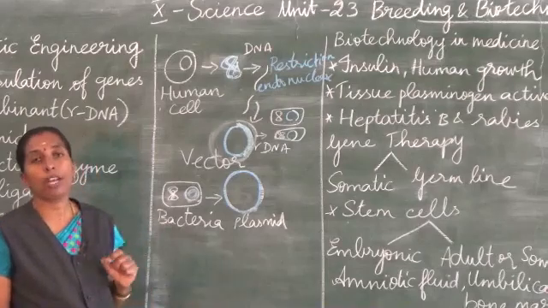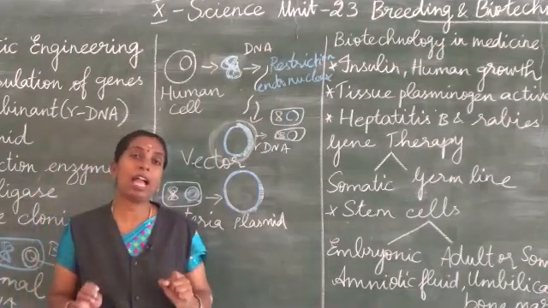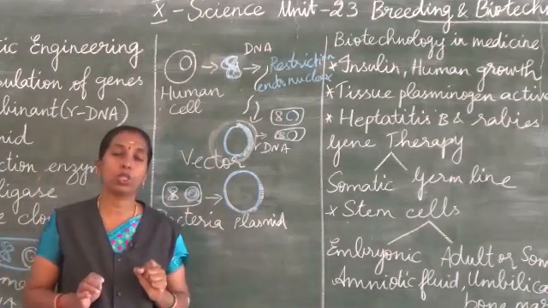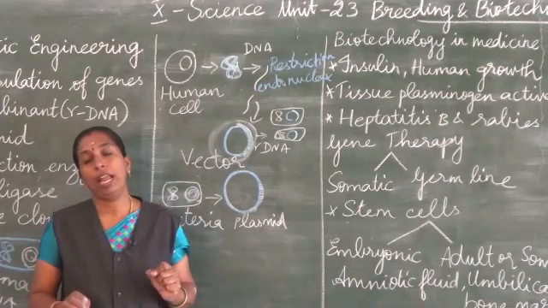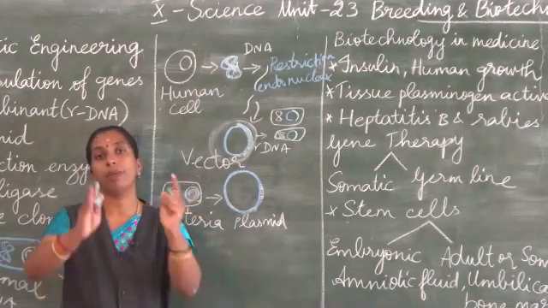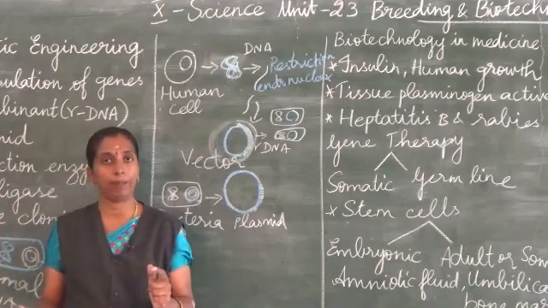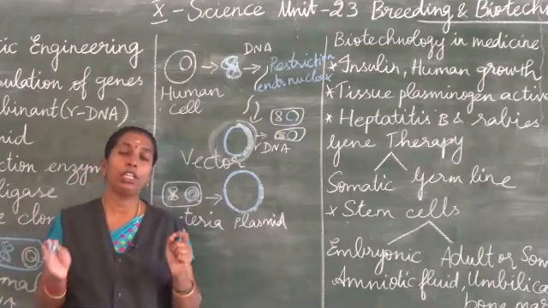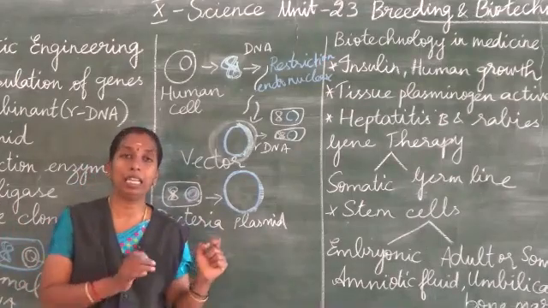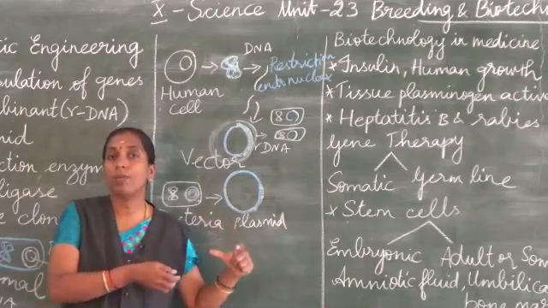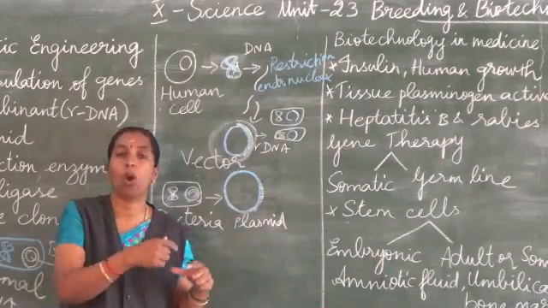So cloning technique means an exact copy of an organism is called cloning. Like a Xerox copy of one organism, we can produce another organism. How is it produced? It is produced using a bacterial plasmid. That plasmid will act as a vehicle or vector.